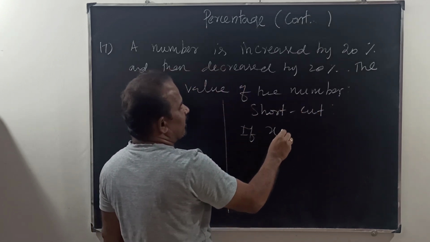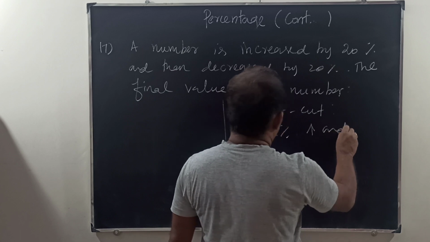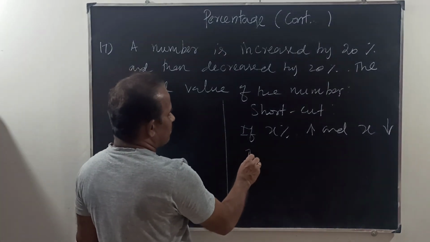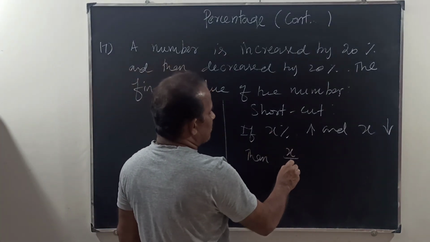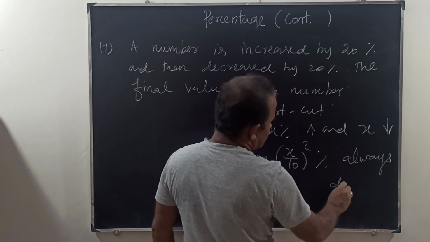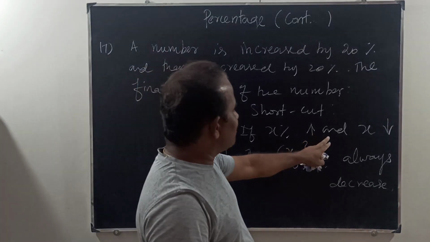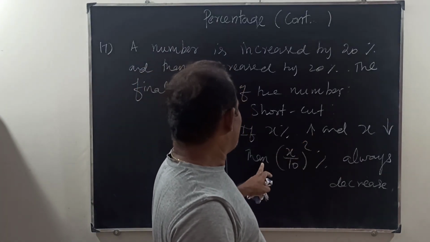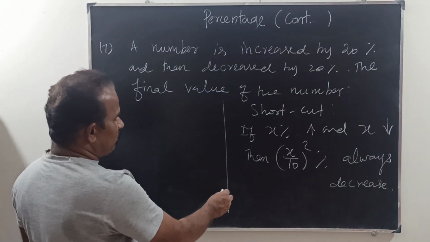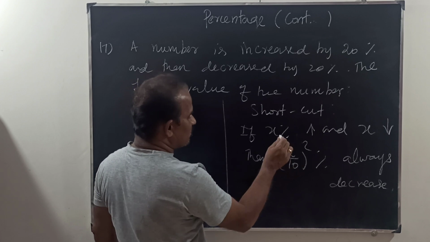If x% increases and the same x% decreases, then (x by 10) the whole squared percentage always decreases. So what is the answer? 20% is increased, 20% is decreased, therefore x is equal to 20.